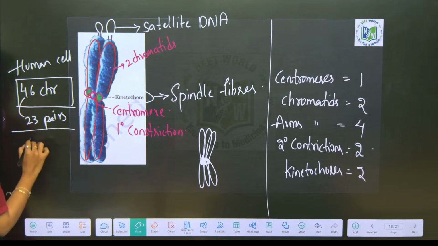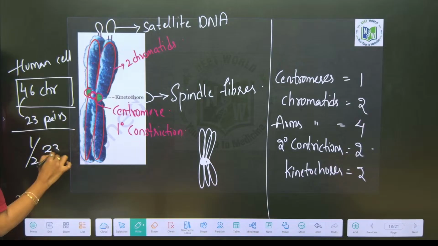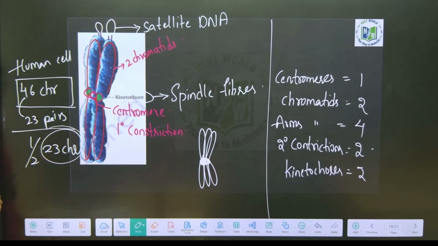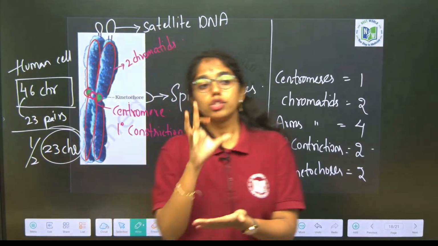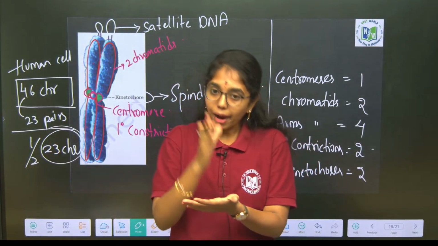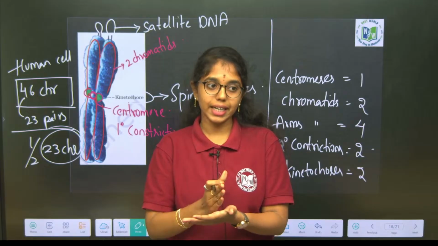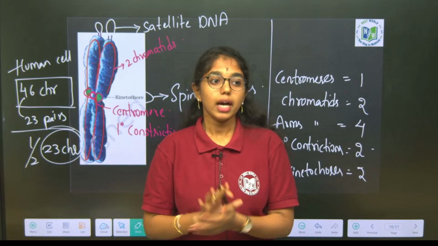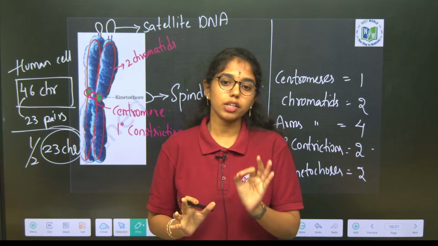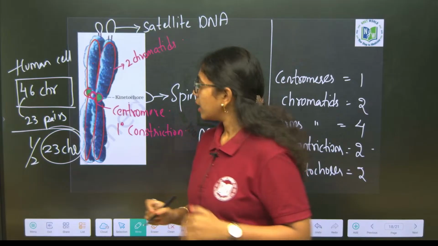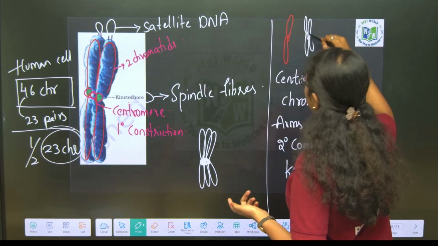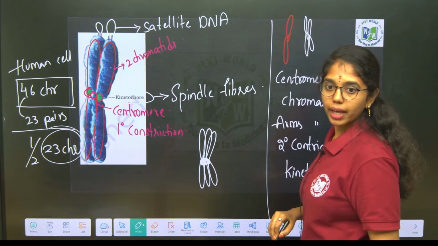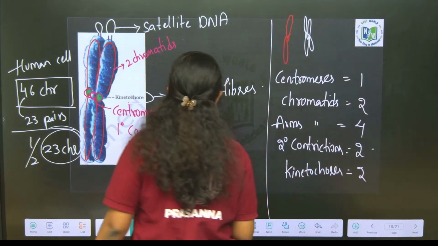Half of this is how much? 23 chromosomes is half of this. So if in any cell half the set of chromosomes are present, then it is called haploid. Complete set of chromosomes are present, so it is diploid. Okay, now I will give you clarity on polyploid condition.